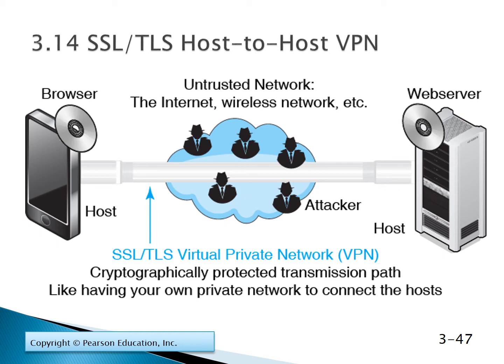The reason is that when you are transmitting something on the internet, it can be seen by many people. It could possibly be seen by anyone who is operating one of the routers in between, anyone who is listening to the network traffic. Because again, the internet is public, so we sometimes call it the untrusted network.